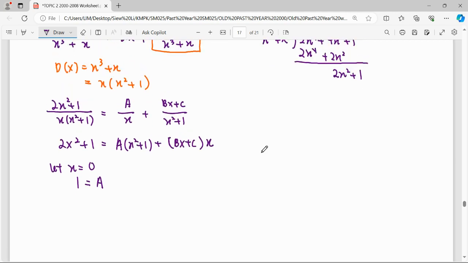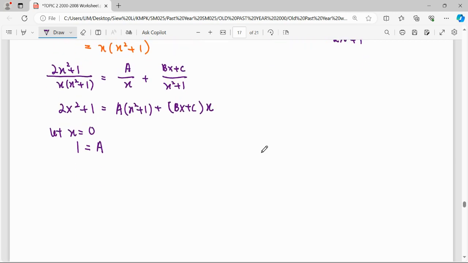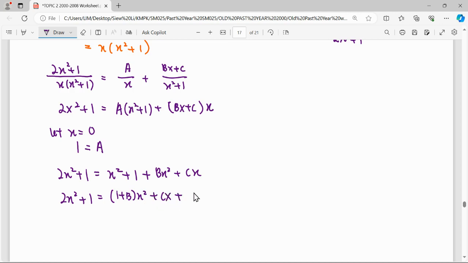So to avoid that, we use the comparison method. So we expand it where A is 1, then bx squared plus cx. We compare the coefficient of each term. For x squared, it will be 1 plus b. For linear, it will be cx. For constant, it will be 1.